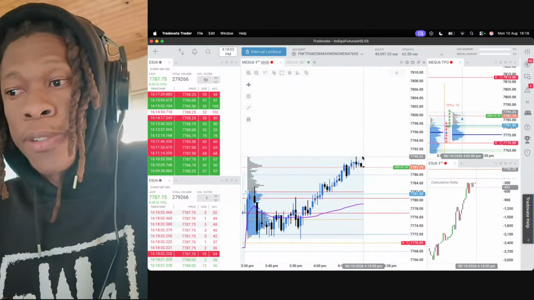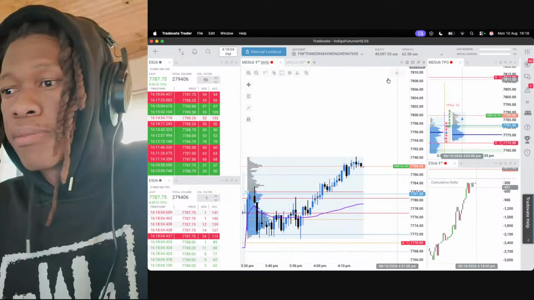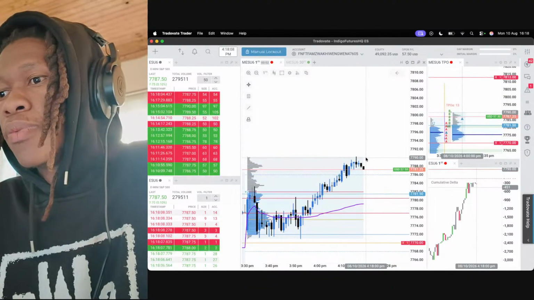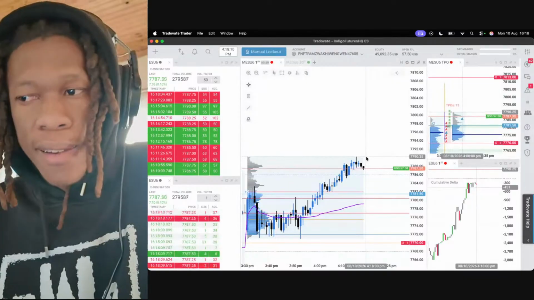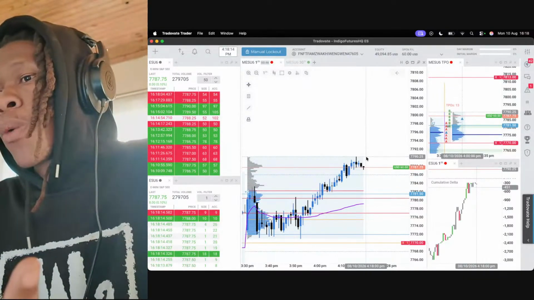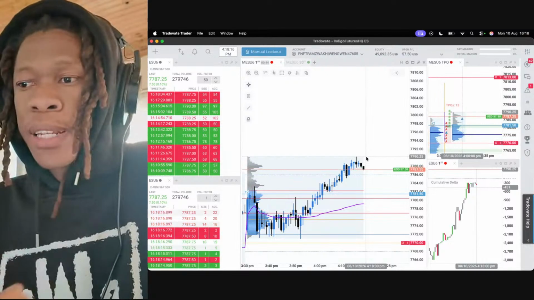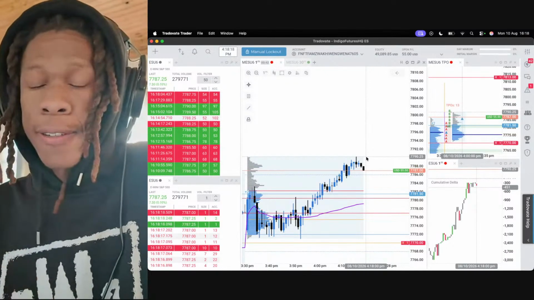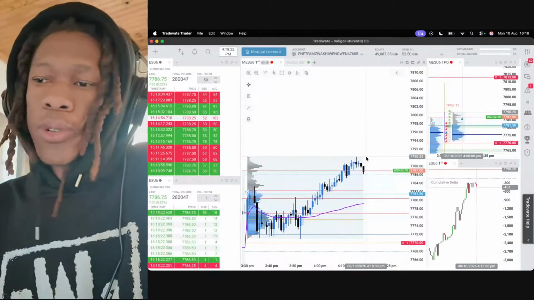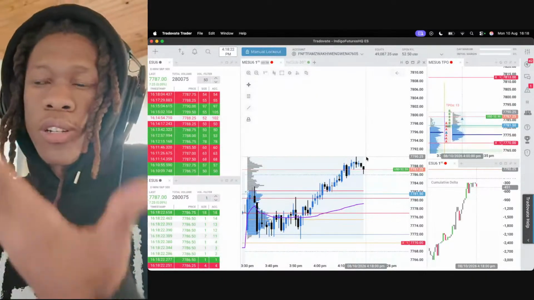So we could take profits right now, take it off at IB at 792.5, and then wait for an initial balance trade and then trade that. Those are the two situations we're looking at right now.